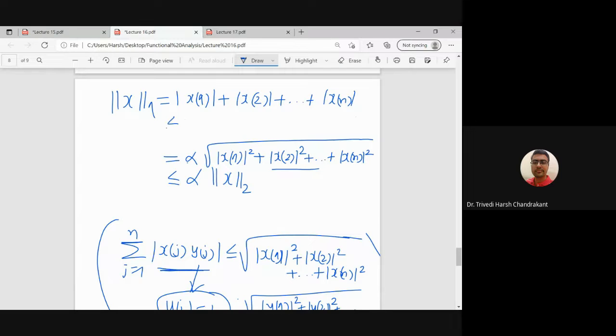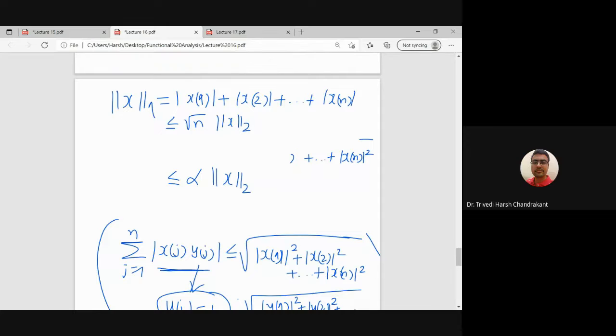So this is less than or equal to square root n times, what is this? This is just the 2 norm of x. That is what we got here, that alpha is root n. So such a number exists. Now why is alpha root n?